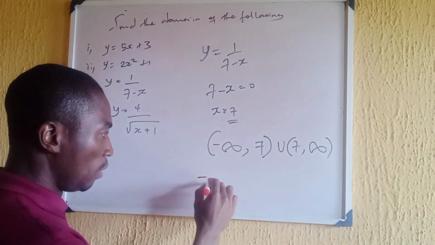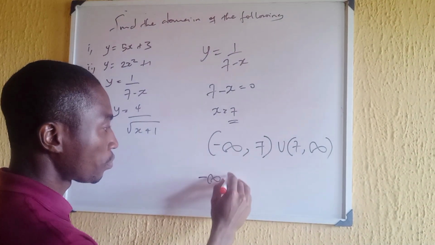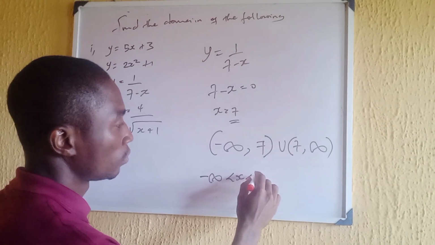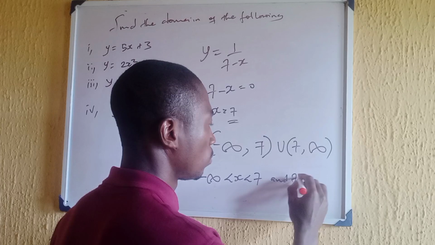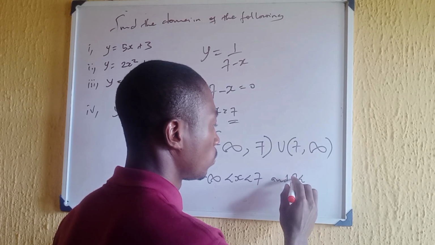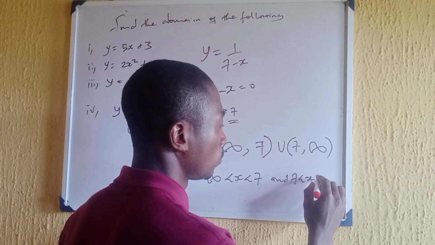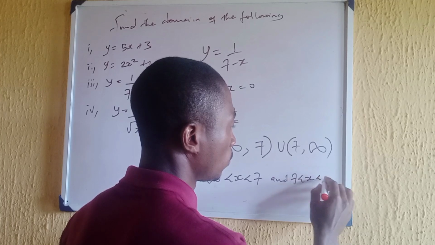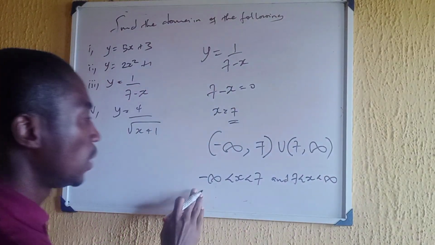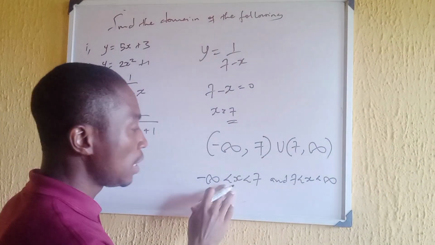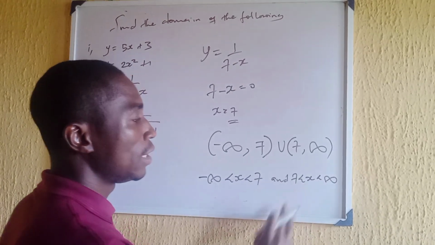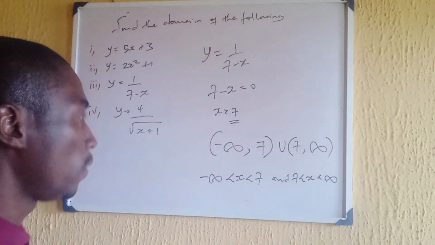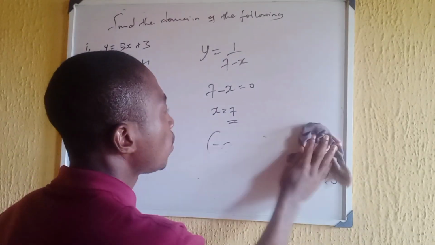You can also write it this way: minus infinity less than x less than 7 and 7 less than x less than infinity. Okay, let's solve the last one.